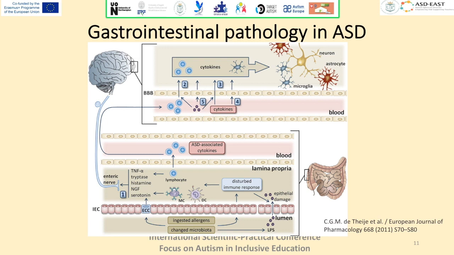Before that, there are a lot of activated T cell lymphocytes, TNF alpha, tryptase, histamine, and also other cytokines activated in our bloodstream, and then they cross the blood-brain barrier and cause a lot of changes in our microglia, astrocytes, and neurons as well.